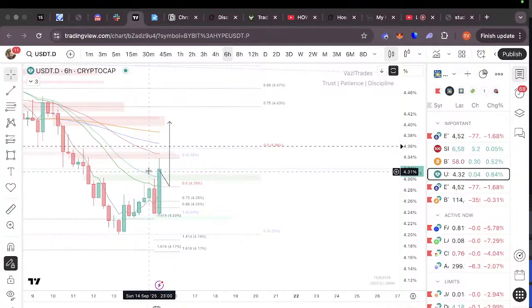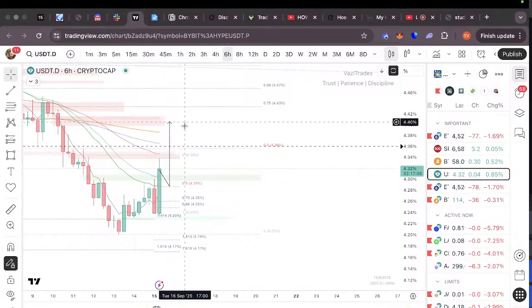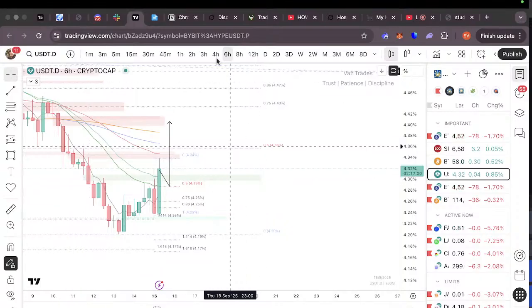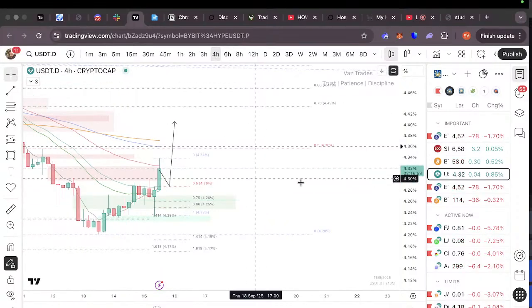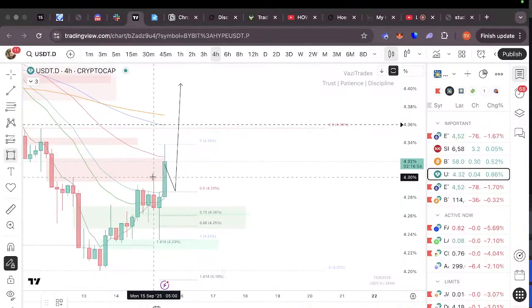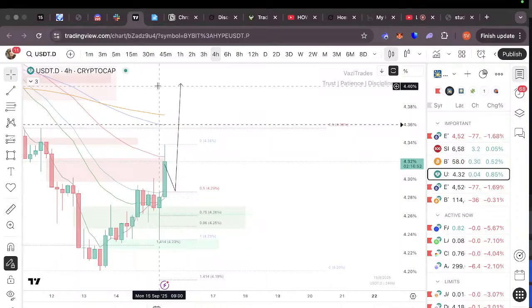What can happen? Price can just stay still, then with the next opening can drop and find support around 0.5, which also aligns with the FVG on 6-hour. On 4-hour, it also aligns with this 4-hour bullish order block, right?